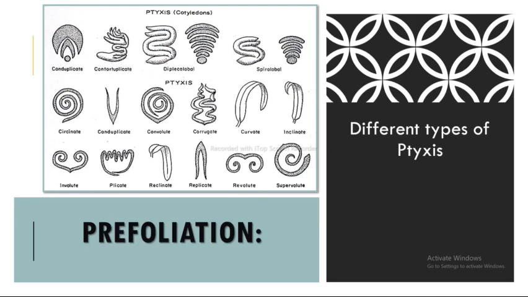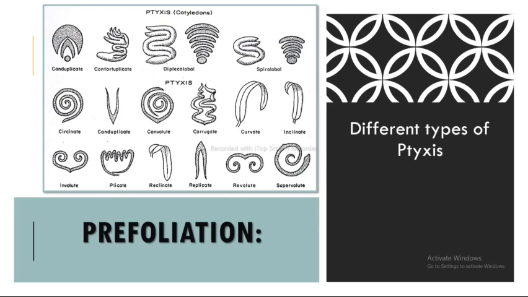The next condition is the corrugate. Corrugate means the lamina is irregularly folded in all directions or wrinkled. Next type is curvate. Curvate means the lamina is folded transversely into an arc.